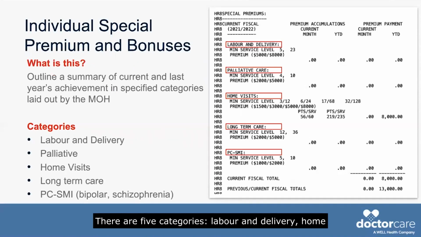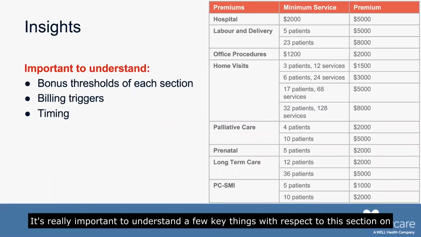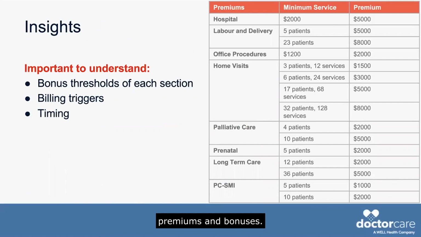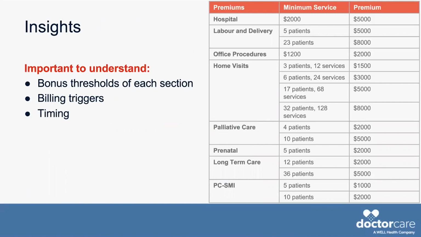There are 5 categories: labor and delivery, home visits, palliative care, long-term care, and primary care, serious mental illness. It's really important to understand a few key things with respect to this section on premiums and bonuses. We're going to go through 3 of them today.